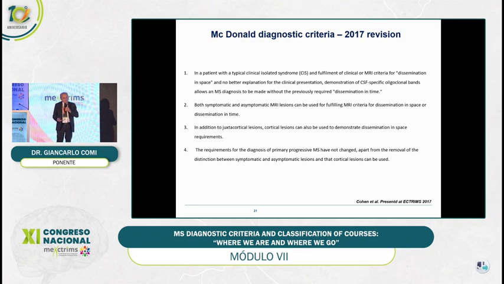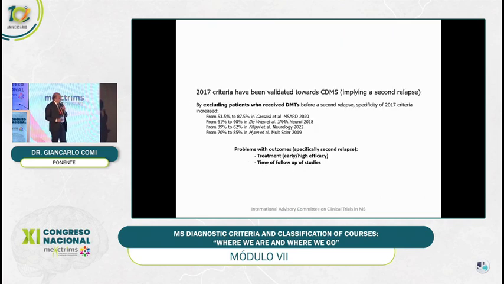So the idea here is, if you have evidence of immunoglobulins, in a way it can substitute for this, so this also has to be discussed a lot. The second is, for example, evidence of spatial dissemination: both symptomatic and asymptomatic lesions on MRI can be used. And finally, the inclusion of cortical to juxtacortical lesions.